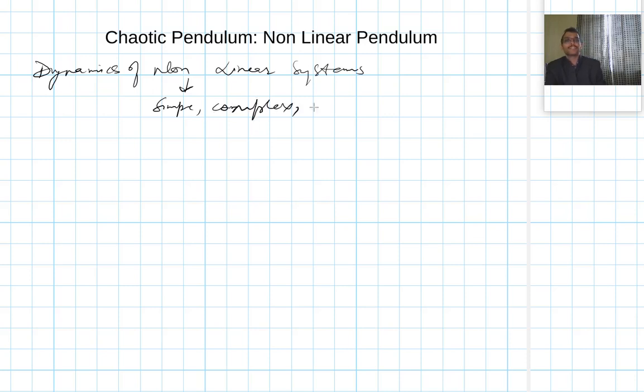They have different features, and they are also found to be chaotic, which means a new concept of chaos will emerge. This is a new idea which will come out of the nonlinear dynamics, right?